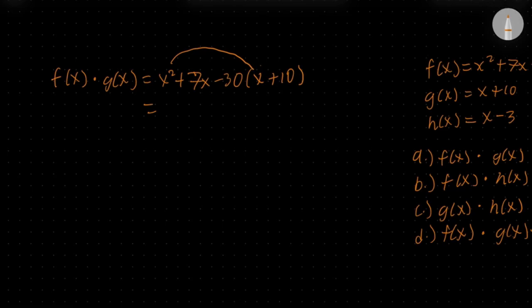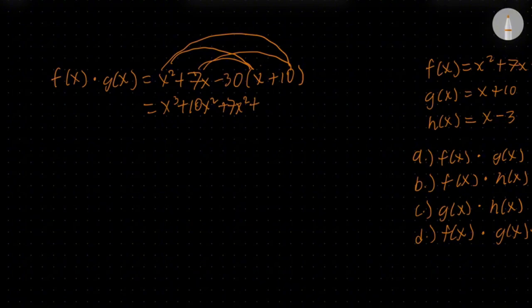X squared times x is x cubed. X squared times 10 is 10x squared. 7x times x is 7x squared, and 7x times 10 is 70x, and negative 30 times x is negative 30x, and negative 30 times 10 is negative 300.